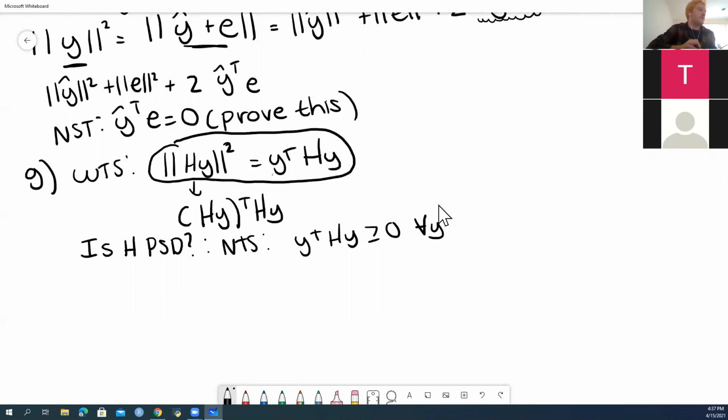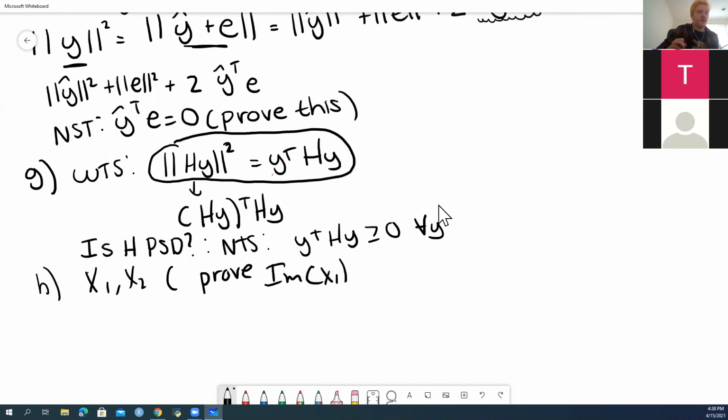That's that one. Then the next one, they give you two matrices and ask you to find the images of them. Basically, they give a matrix x1 and x2, and they say prove the image of x1 is equal to the image of x2.